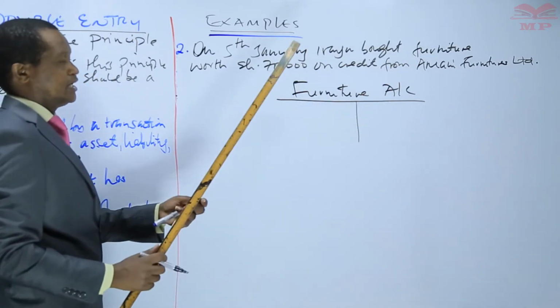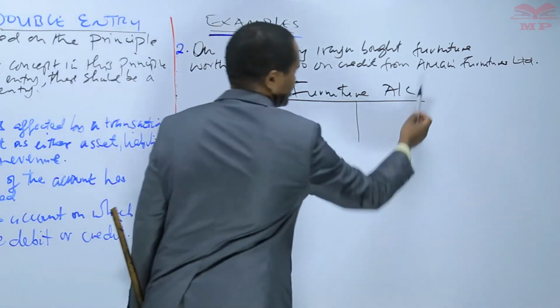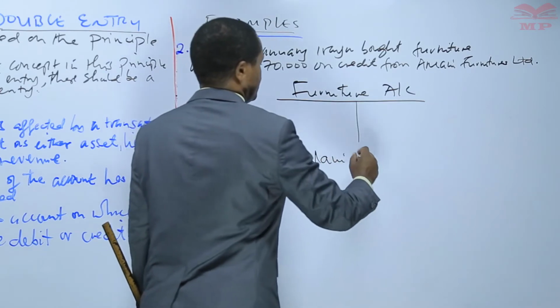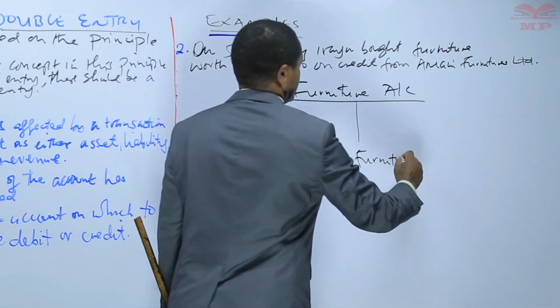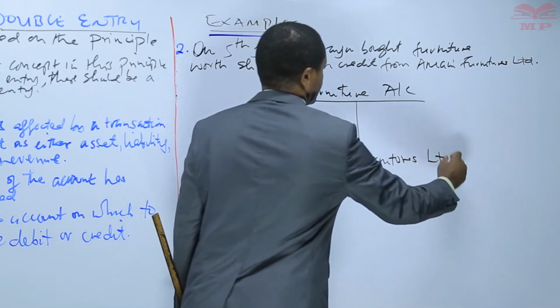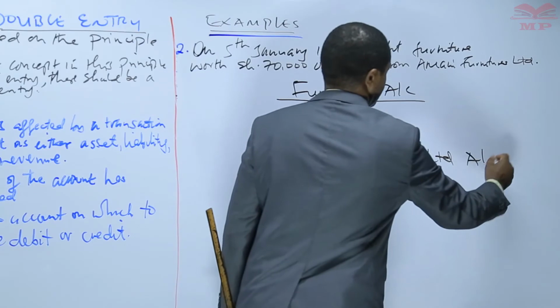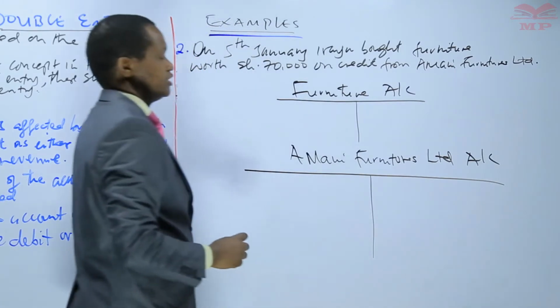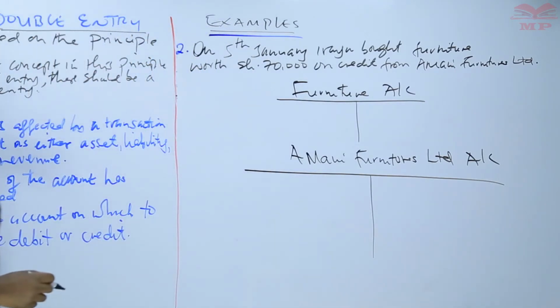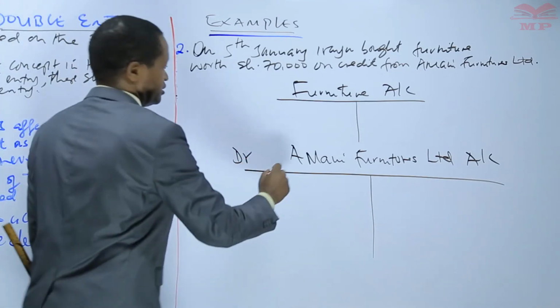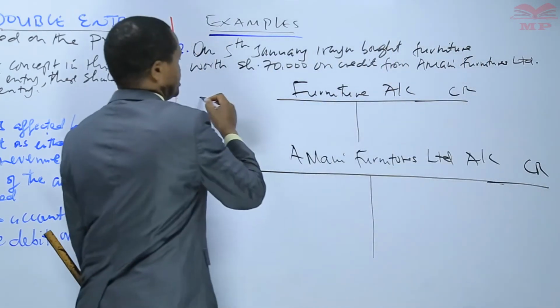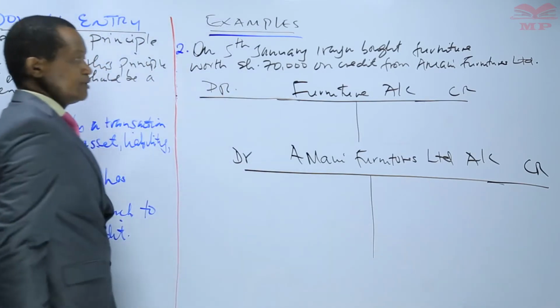So this is a liability account known as Amani Furnitures Limited account. So these are the two accounts that are affected by this transaction.